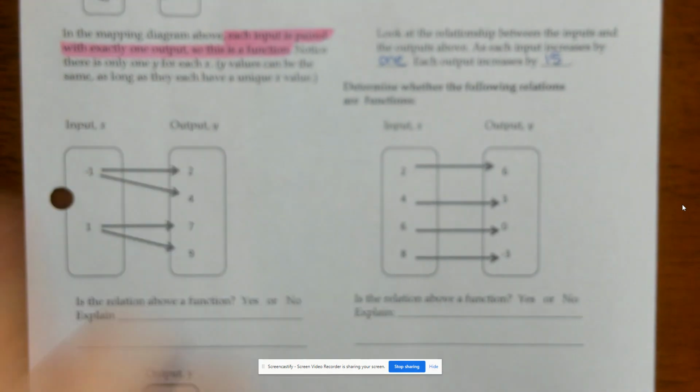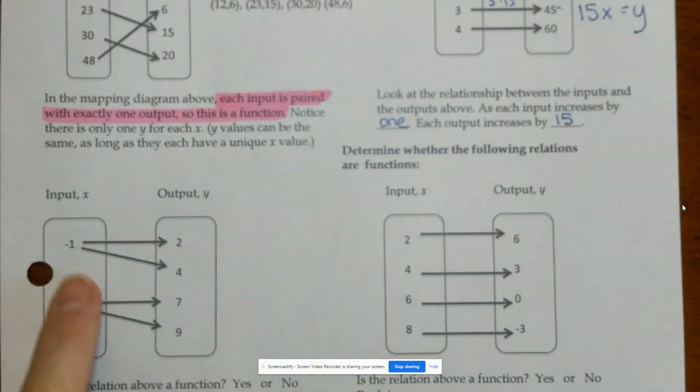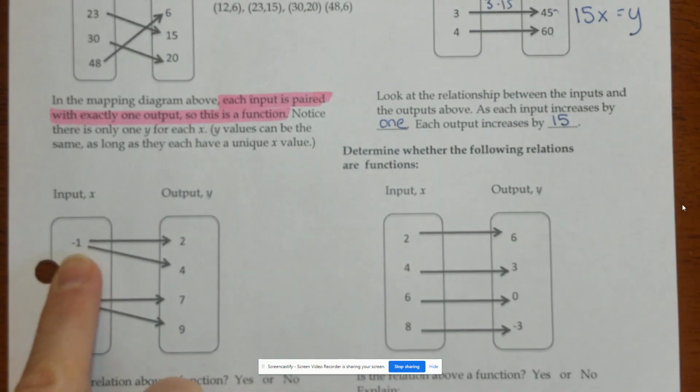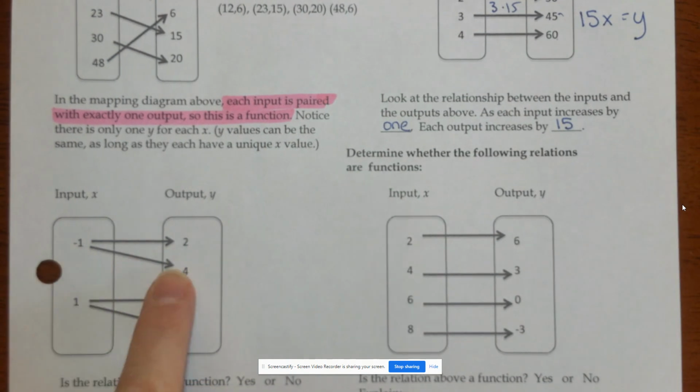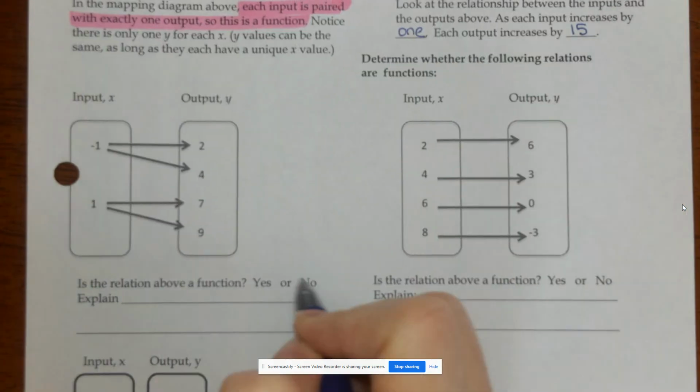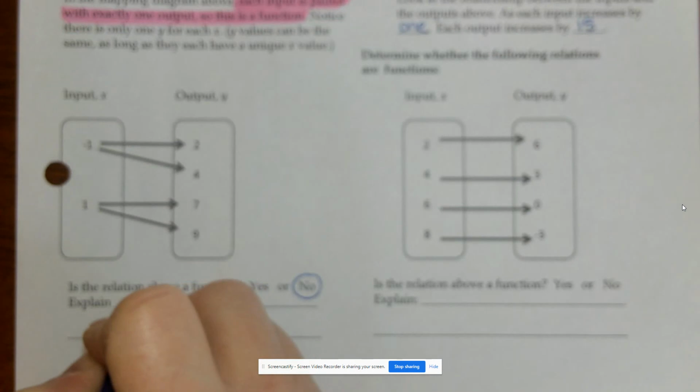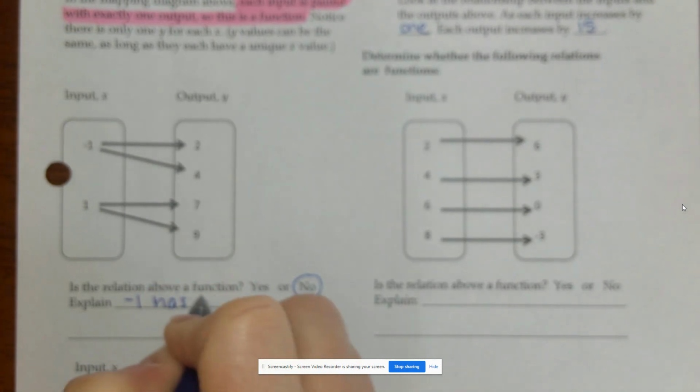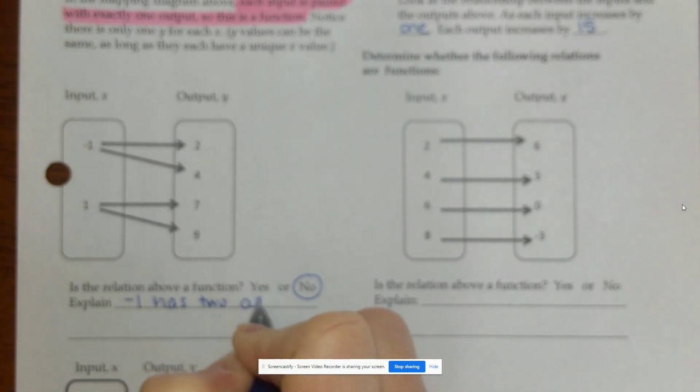So is each input paired with only one output? And we would say no, this one has 2 outputs. So this one we would say no, -1 has 2 outputs, which is enough, but we can say 1 also has 2 outputs. So that is not going to work as a function.